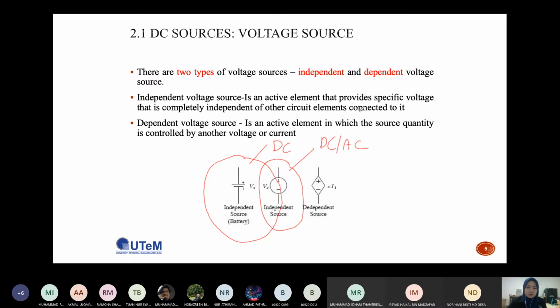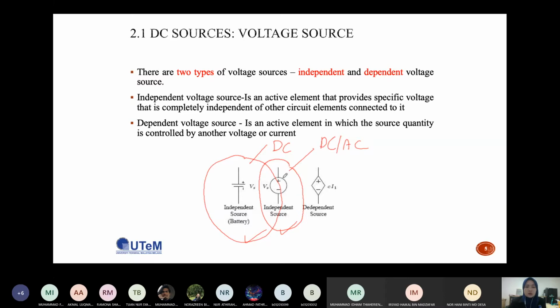Both of these voltage sources are independent sources. This one is also a voltage source, but it is a dependent voltage source. So you can differentiate between the independent source and the dependent source.